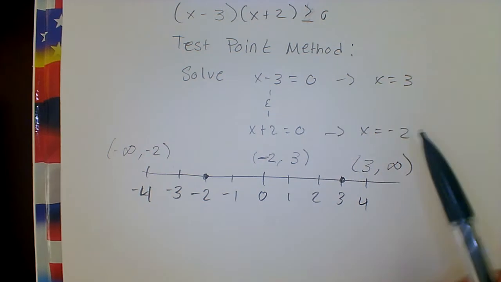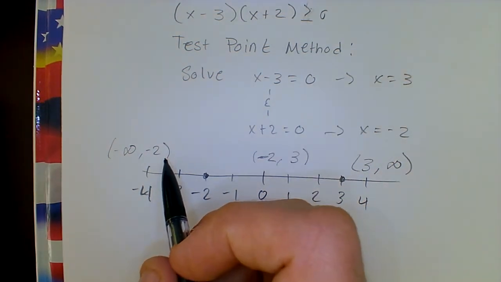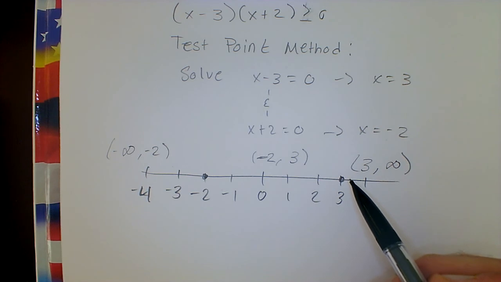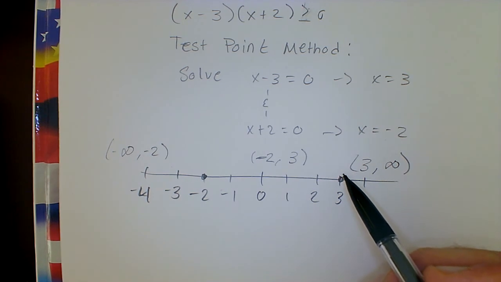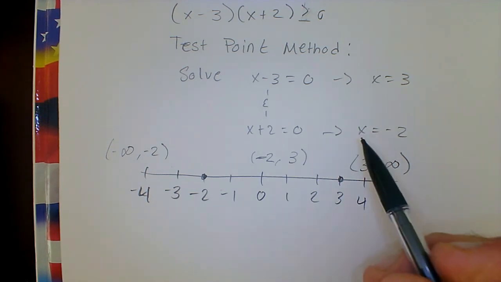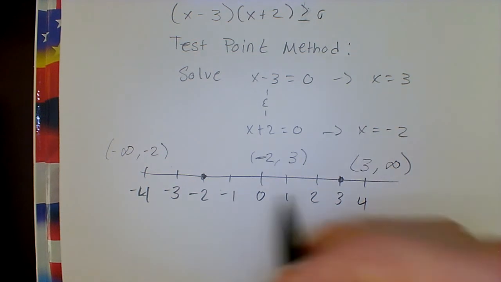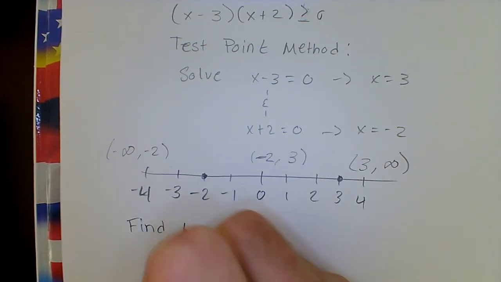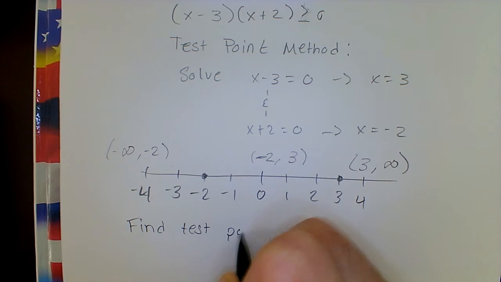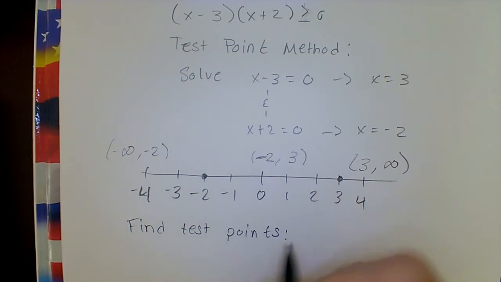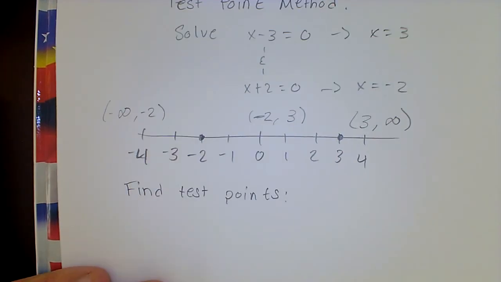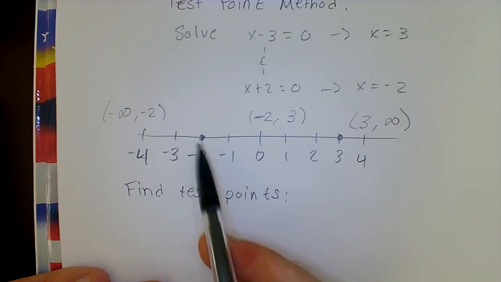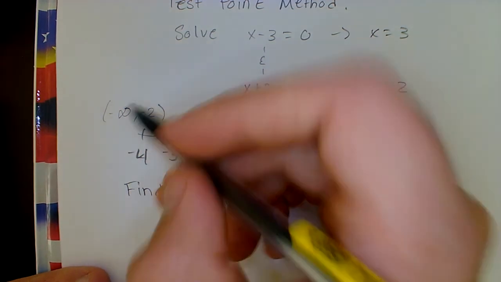So this is where the test point name comes in: you want to test a point in each of these intervals and see what your sign is. You pick convenient test points. For this interval, you can pick anything that's in this interval.